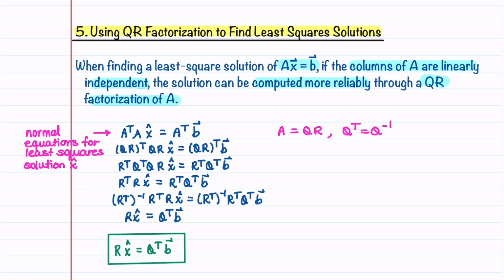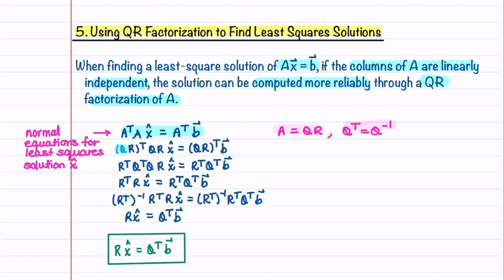Let's quickly walk through how to find the equation that we're going to need to solve to find our least square solution x hat. We're going to begin with our normal equations for our least square solution x hat. Let's remember that our matrix A is equal to Q times R and that Q transpose is equal to Q inverse. We're going to begin by substituting in that A is equal to QR.